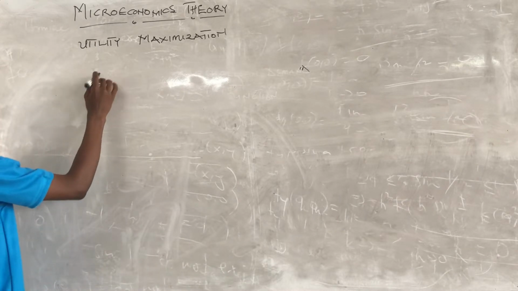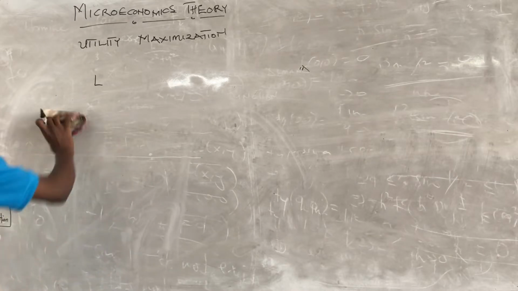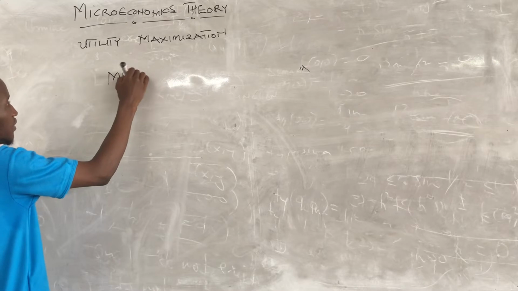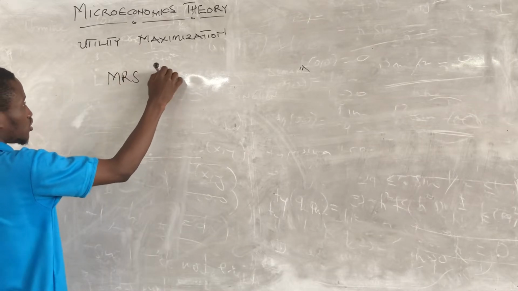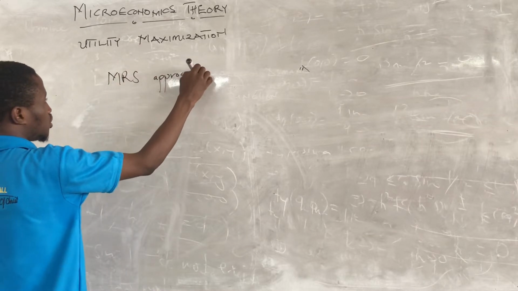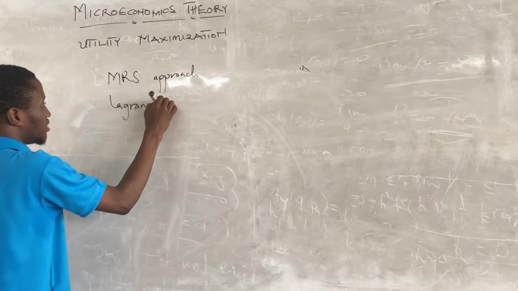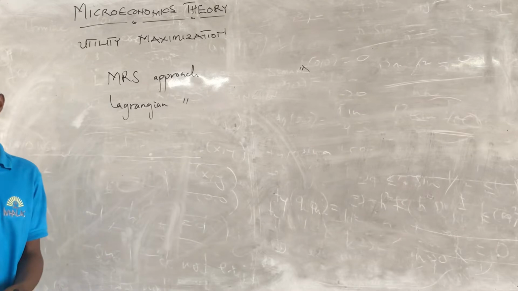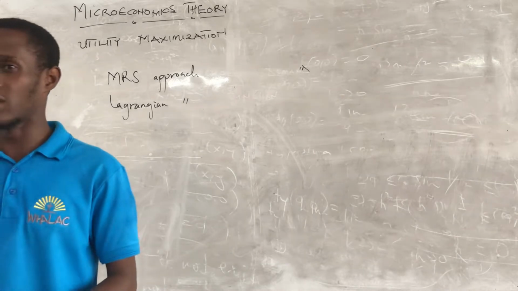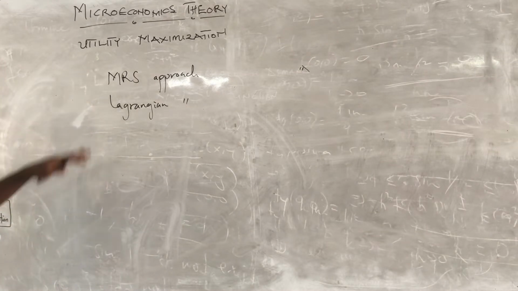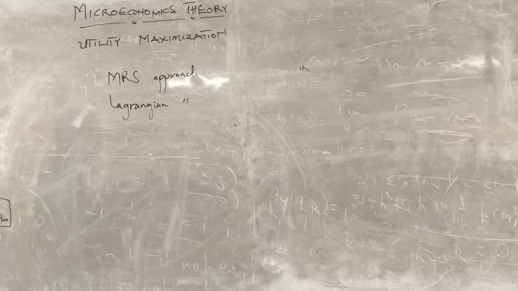We have the MRS approach, that is the marginal rate of substitution, and we have the Lagrangian approach. So you can use either the MRS approach or the Lagrangian approach to maximize your utility. We'll first go through the MRS approach, and then we'll also look at the Lagrangian approach.